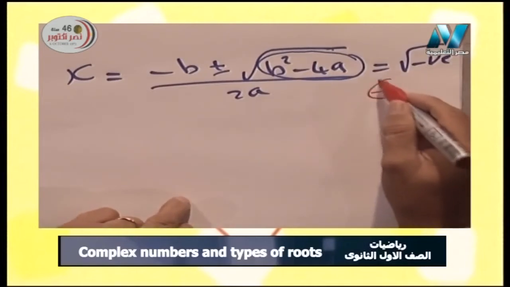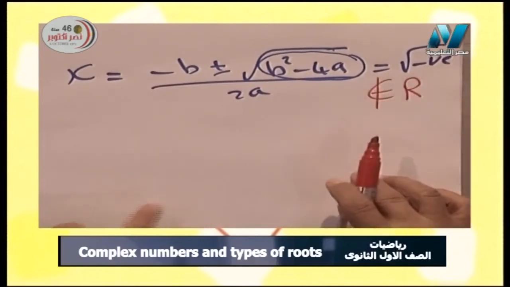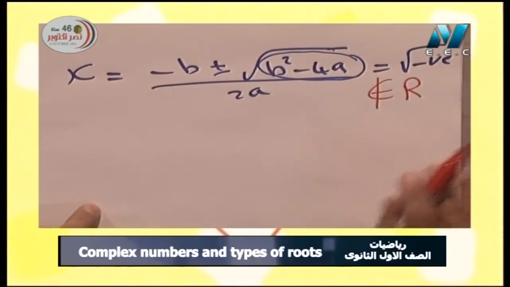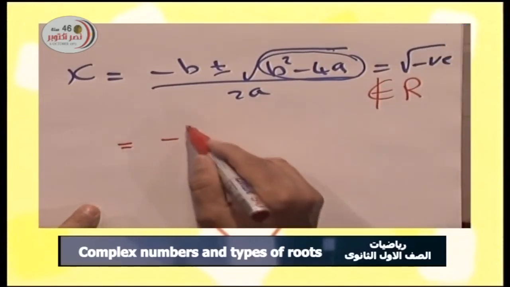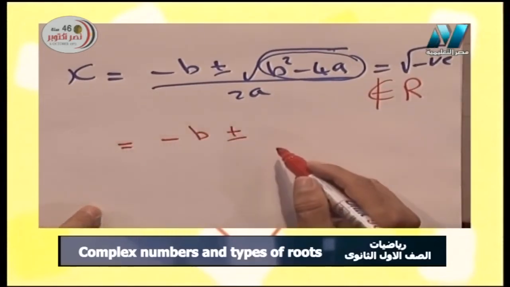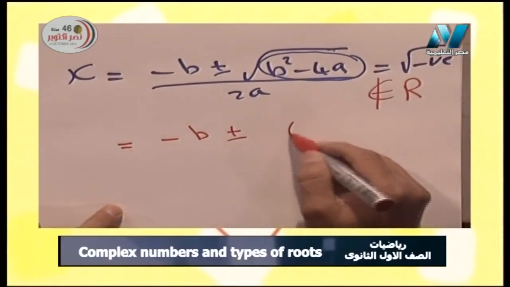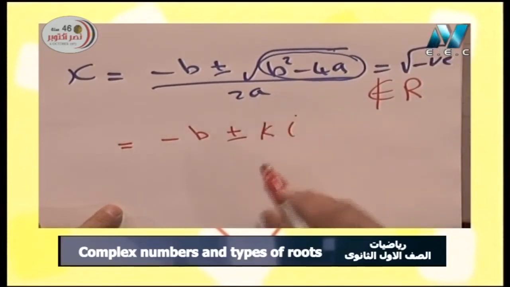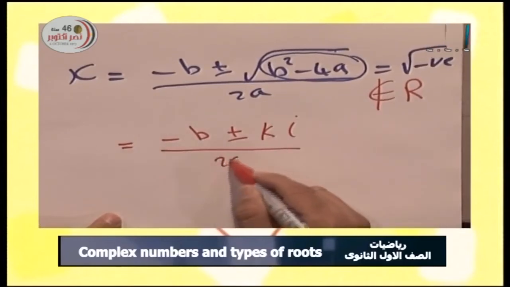Because this number doesn't belong to R. But we mathematicians invented a number called i², so this part will be negative b plus or minus something multiplied by i, say k, over 2a.